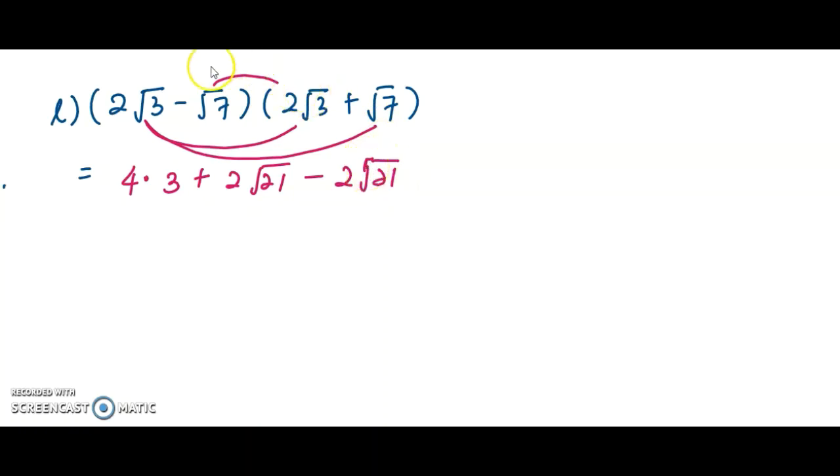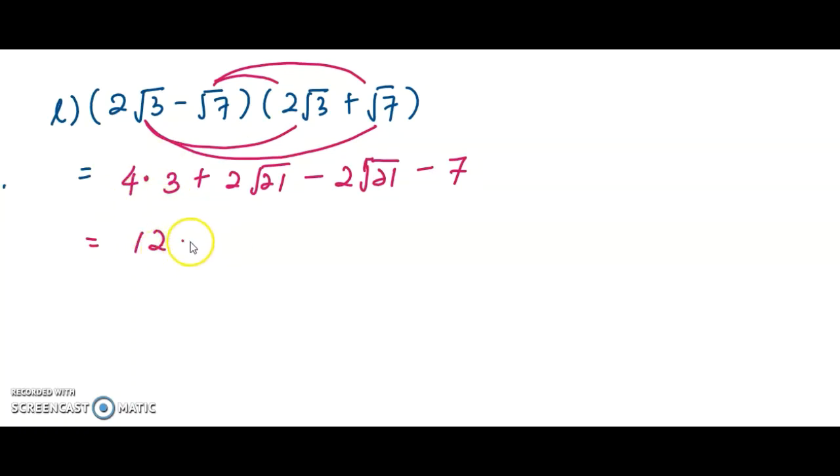Alright, and the last term is negative surd 7 multiplied by positive surd 7. You got negative 7.